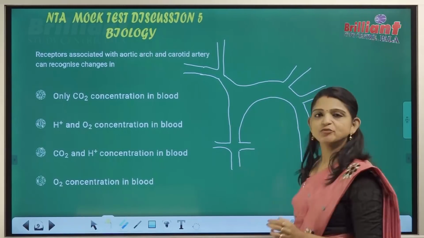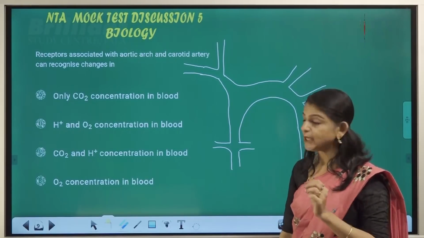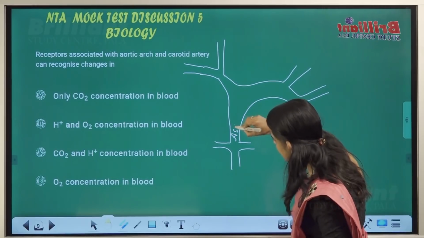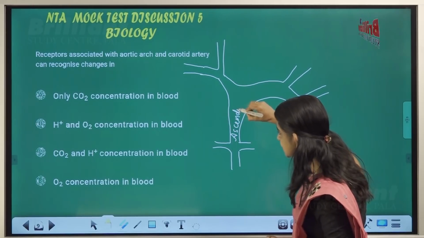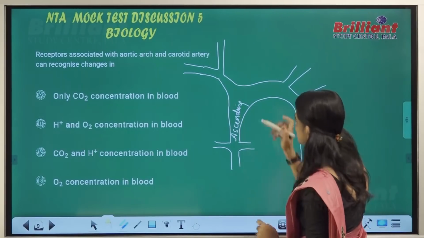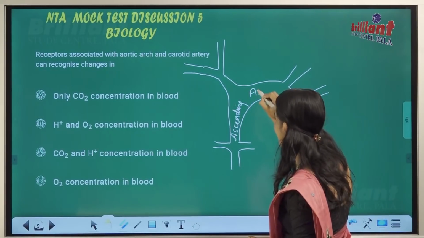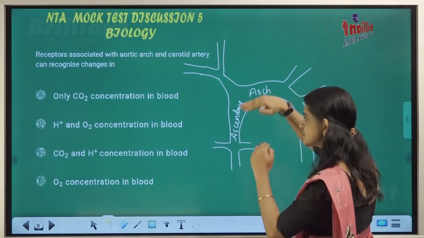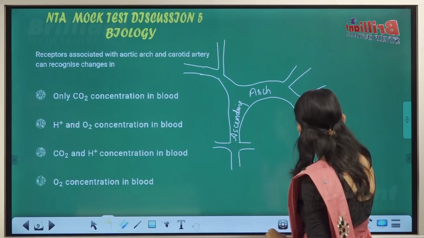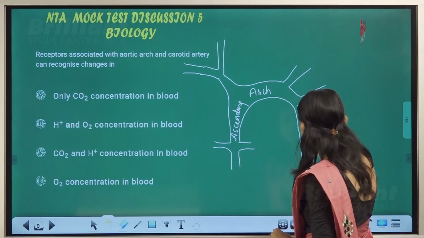So aorta is majorly divided into three parts. This part is called ascending aorta. Ascending in the sense it is moving upward. So this is ascending aorta and this is aortic arch. This arch-like portion is called aortic arch, and this one is descending aorta.